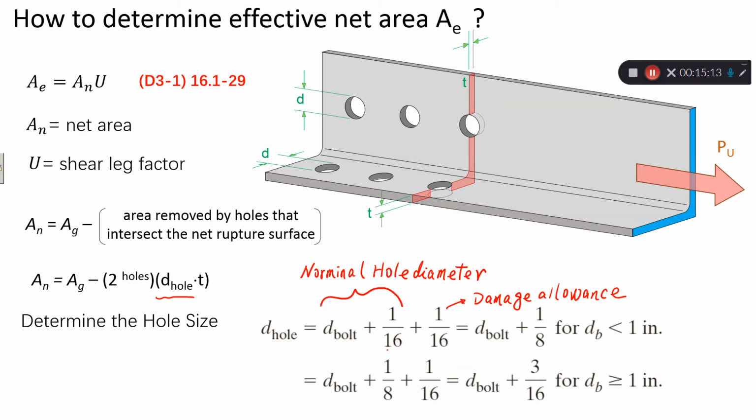Add them together, d bolt plus 1/8. So this is for a bolt diameter less than 1 inch.